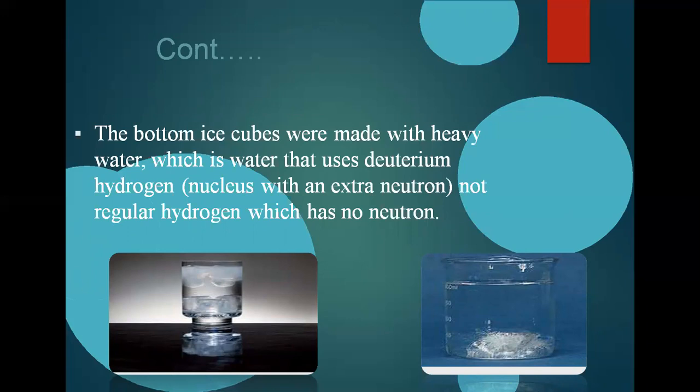We generally see that when we put an ice cube, because of the density, it floats on the water. But D2O ice cubes sink and settle at the bottom, because D2O has an extra neutron. With hydrogen there is no neutron, but in this case there is an extra neutron. This is the water with deuterium, a hydrogen nucleus with an extra neutron.